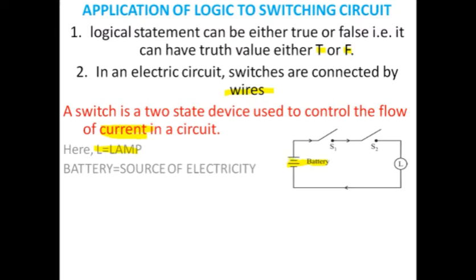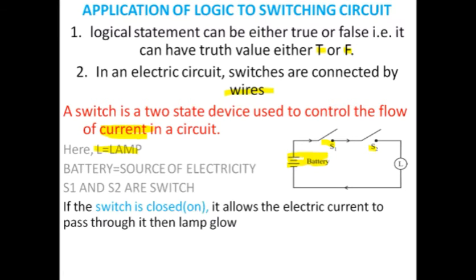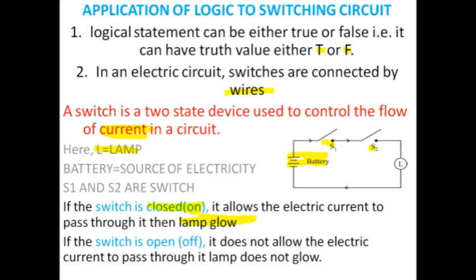This is the battery, the source of electricity. S1 and S2 are the switches. If the switches are closed, then the current passes through and the lamp glows. If the switch is open, that is off, it does not allow the electric current to pass through it, so the lamp does not glow.